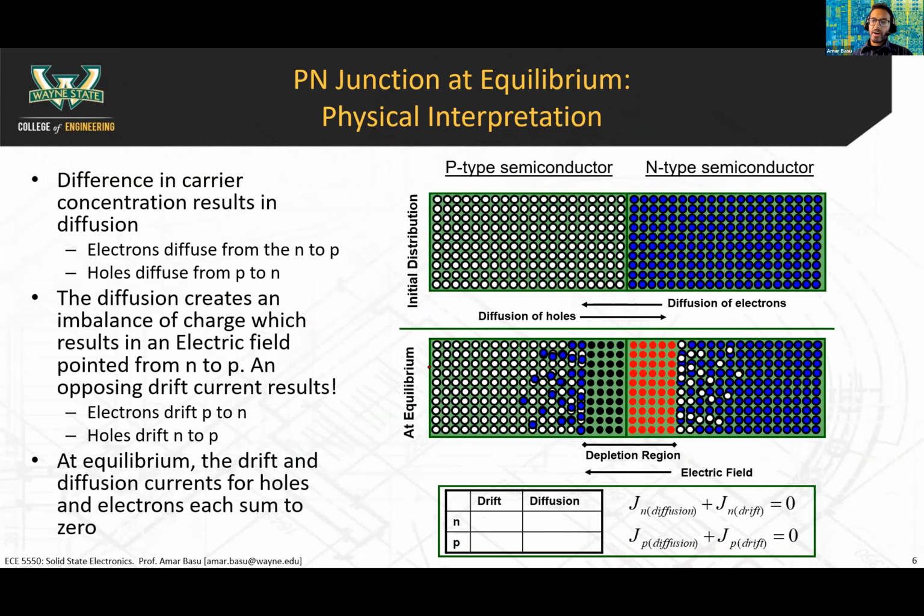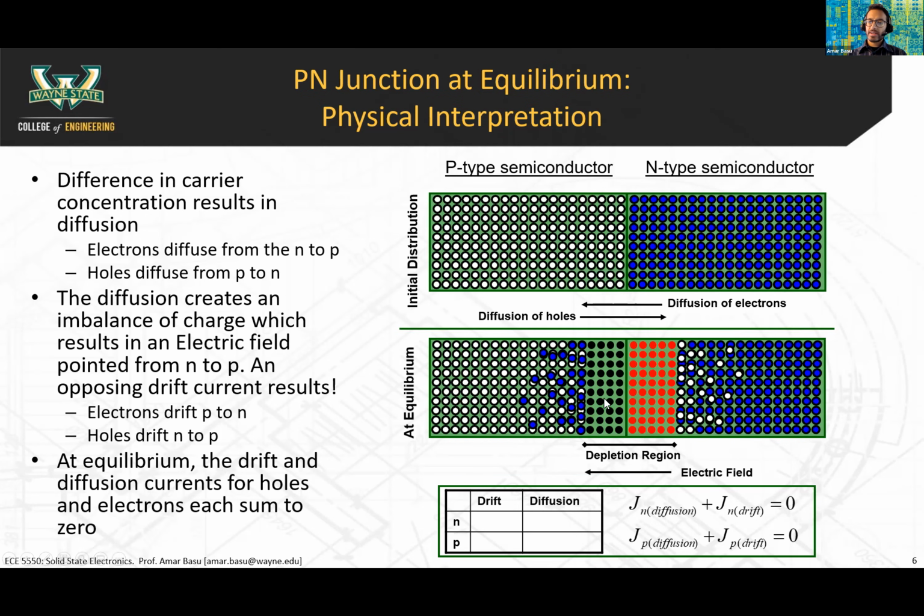This is another way to look at it, another mental picture you can have in your head. You start off with a p-type semiconductor and an n-type semiconductor. Let's say, in a hypothetical thought experiment, you put them together, the initial distribution would look like this. The electrons would start to diffuse over this way. The holes would diffuse over this way.